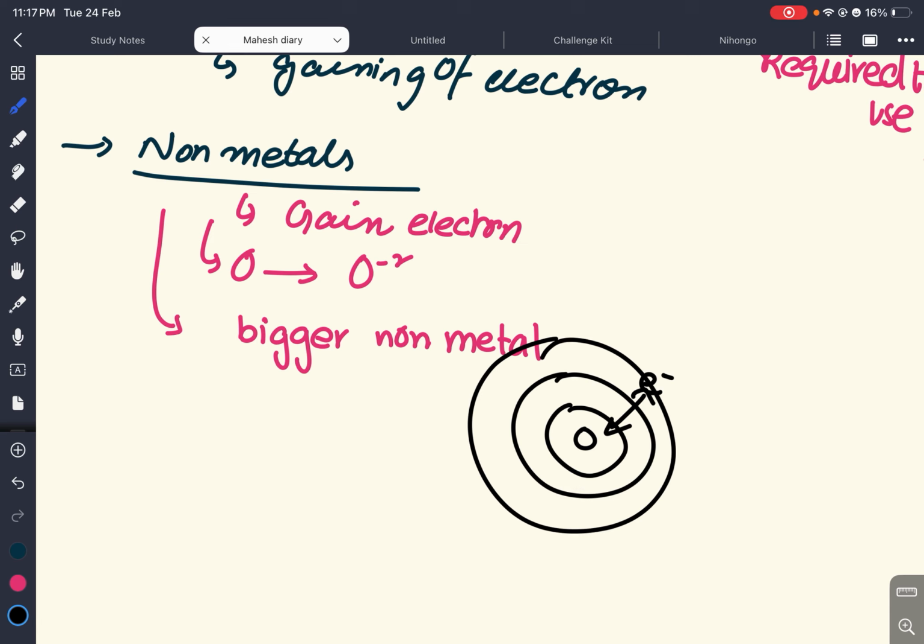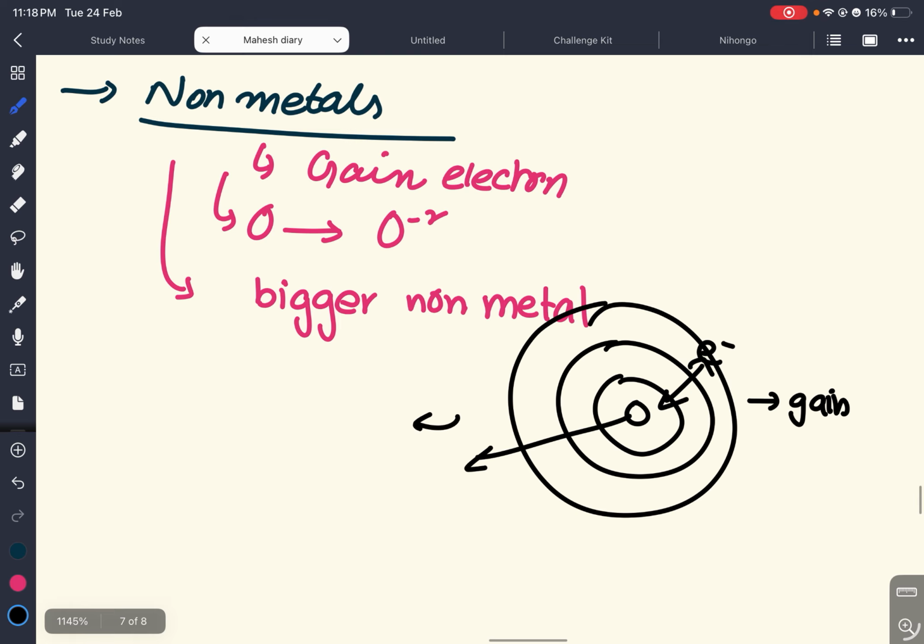It's a big non-metal we're talking about. So gaining will be difficult and losing electrons will be easier. Why? Because the distance between the shell and the nucleus is very big. So that's why it has less reactivity.